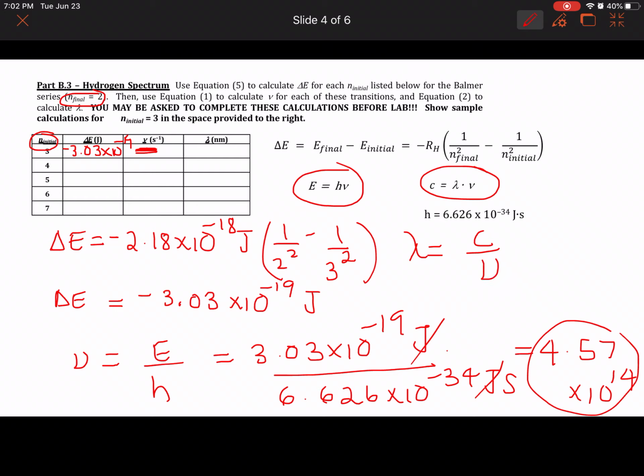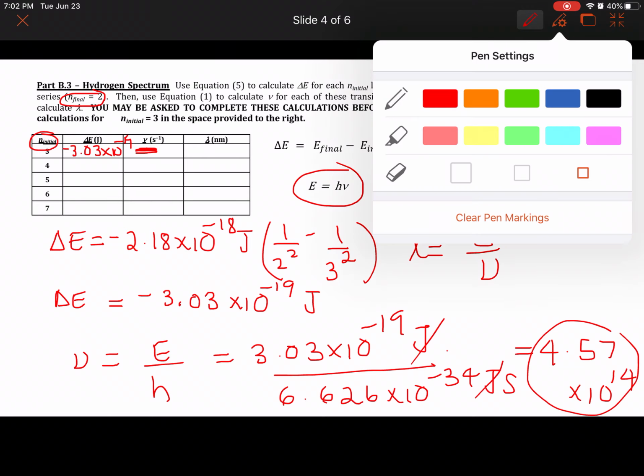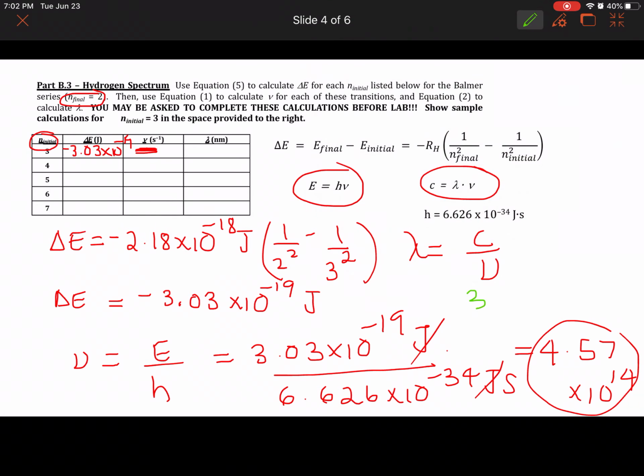C is the speed of light, which is 3 into 10 to the power 8 over 4.57 into 10 to the 14. And the 3 into 10 to the power 8 is meters per second.